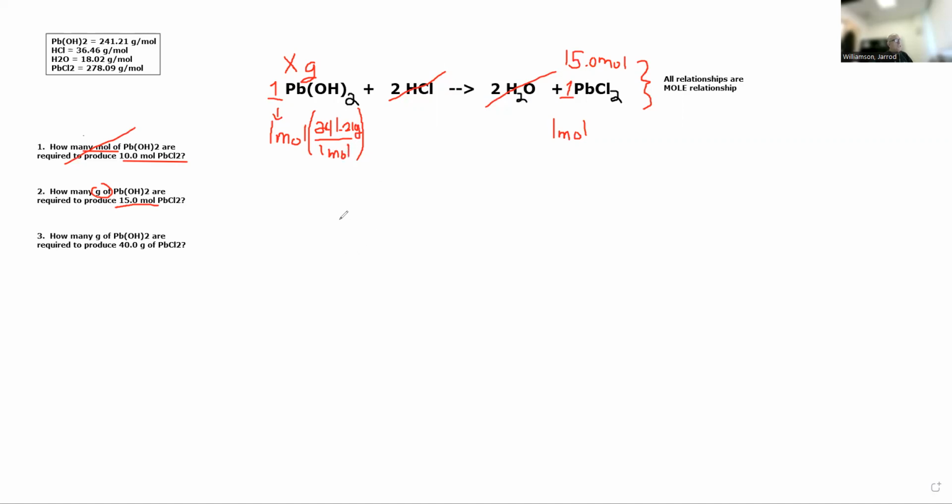So now when I do my ratio and proportion, I will have X grams over 1 mole times that 1 mole.